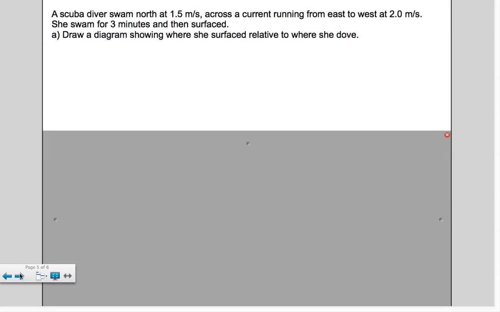So we have questions that deal with directions. First thing I do, even before drawing the diagram, is I orient myself. So here, I usually have north going up, south going down, then east would be going to the right, and west would be on the left. Okay, so just orient yourself.